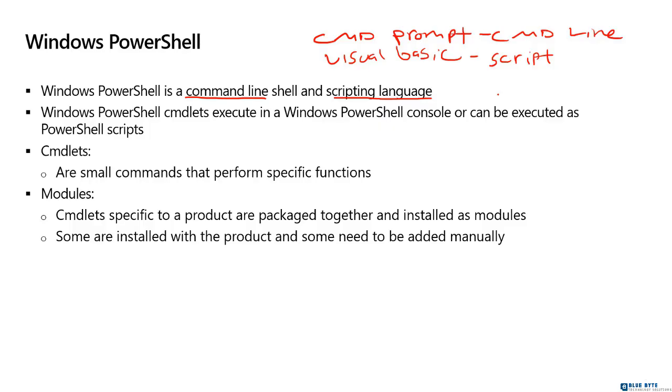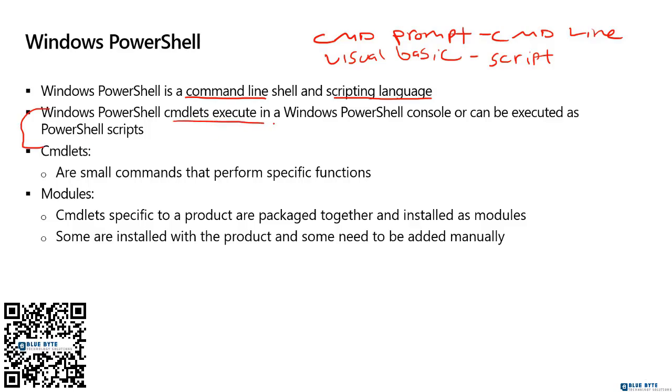So what Microsoft has done with PowerShell is essentially combine those capabilities into PowerShell. So one tool, now you can just run individual commands, and it's a full-blown scripting language that allows you to create fairly complex scripts. When we're using this utility, you can execute your PowerShell commands in the PowerShell console.